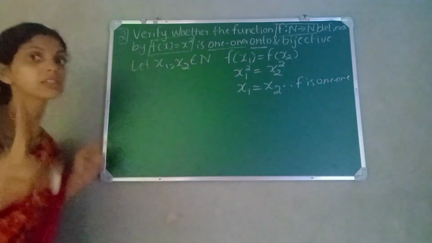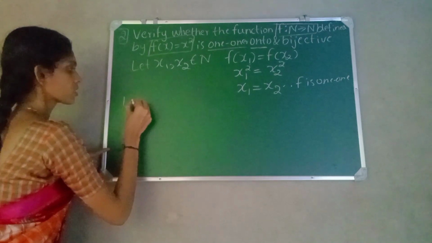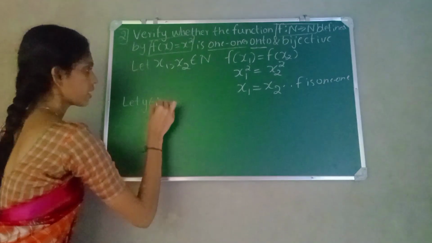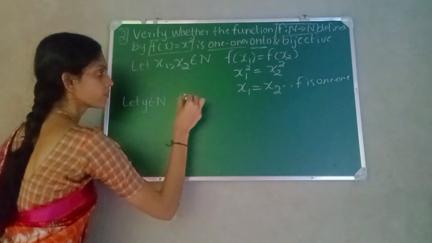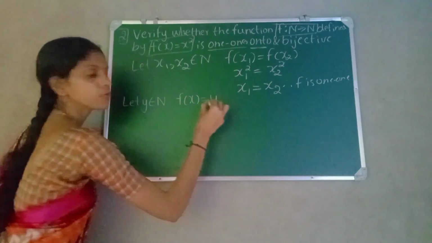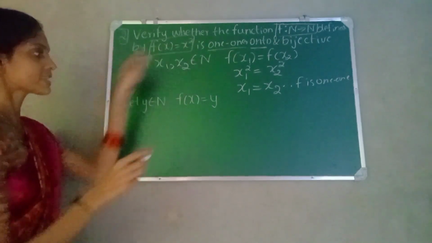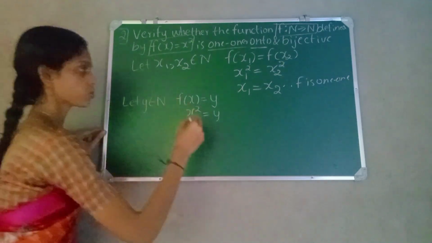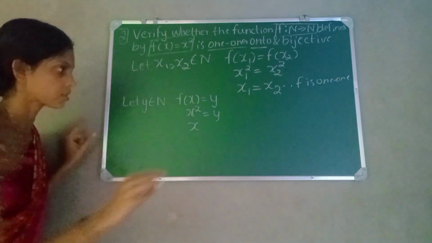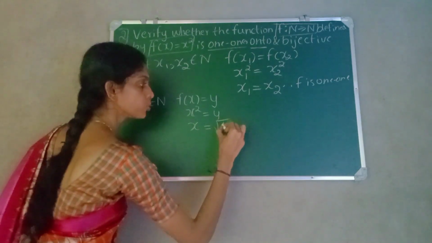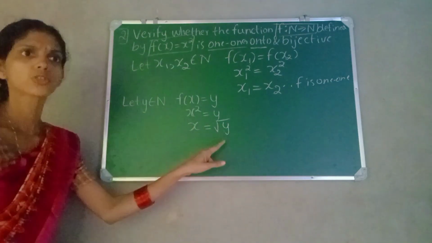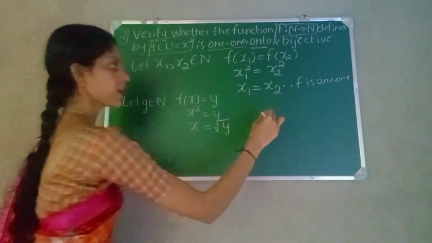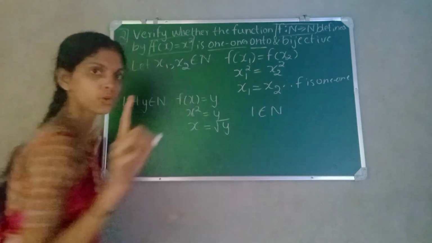To show whether the function is onto, first let y belong to N such that f of x is equal to y. So f of x value, that is x square, is y. So we need a value in terms of y, so x is equal to root y. Whether this root y belongs to N, the natural number set? Just imagine 1 belongs to N; we know that 1 is a natural number.